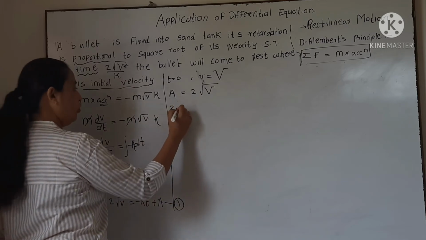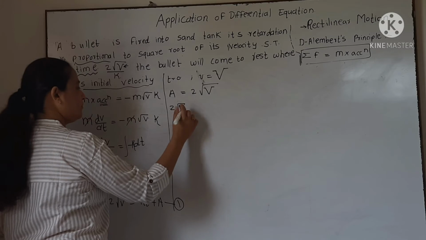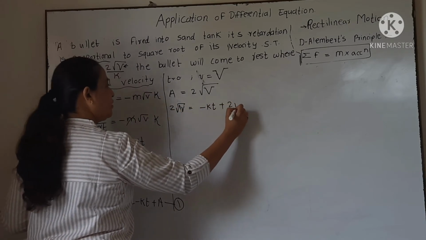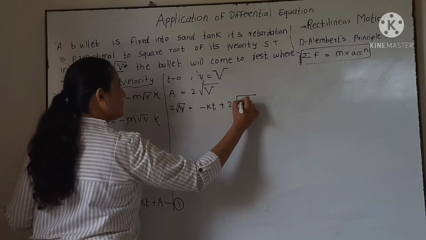You will get 2 root v equal to minus kt plus 2 into root of capital V.